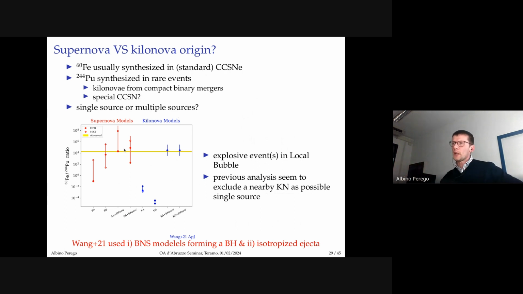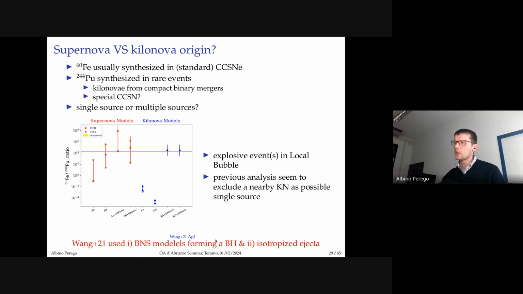We had a look at a few papers where people tried to explain it with a single scenario, the kilonova, and we were very surprised that the kilonova was always unable to explain the plutonium over iron. And so we dug a bit into the hypotheses, and we saw that these two points that seem to rule out the kilonova by orders of magnitude were actually making pretty strong assumptions.